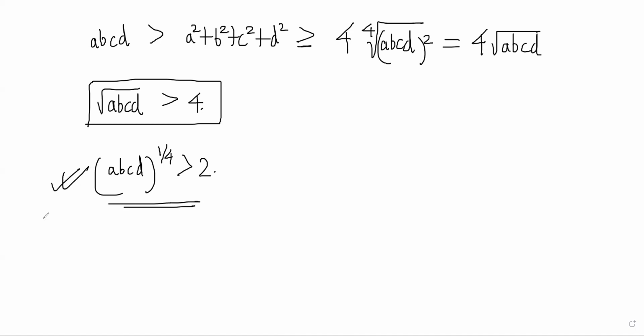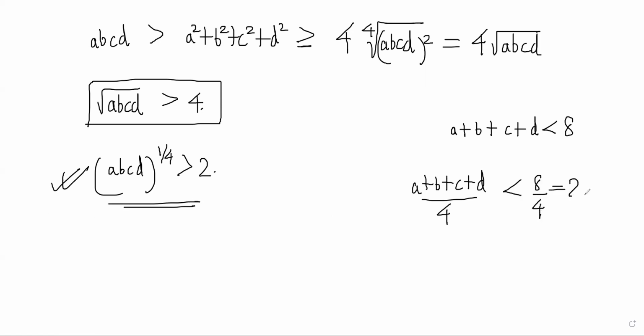So we know this from the beginning, and we can also say from what we have established so far, we got from the contradiction assumption, a plus b plus c plus d is less than 8. And now we can establish this a plus b plus c plus d by 4 is less than 8 by 4 equal to 2, and this is greater than or equal to the fourth root of abcd.